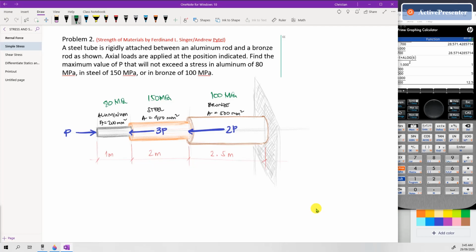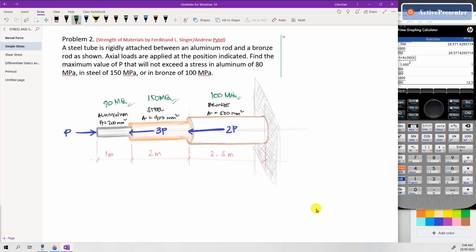Then doon based dun sa mga actual forces nila, merong allowable, okay, given yung mga allowable, then we can solve for the value of P. Then of course, yung maximum value ng force P na hindi mag-exceed yung kahit alin doon sa mga material natin, doon sa mga allowable stresses, will be the least value na makukompute natin.